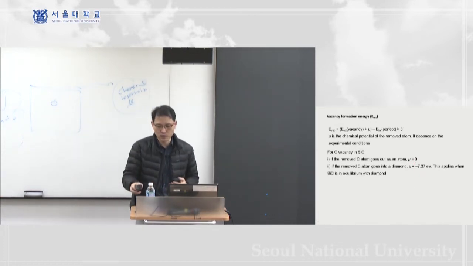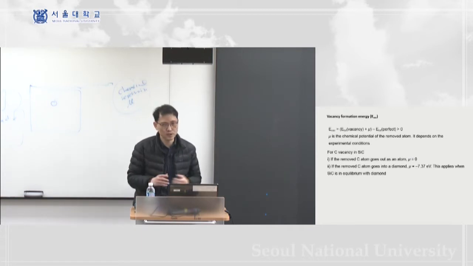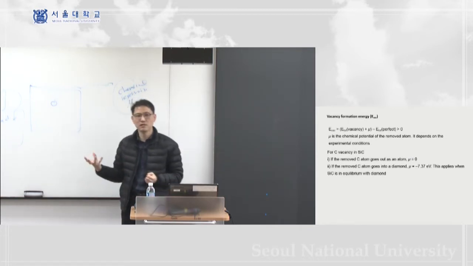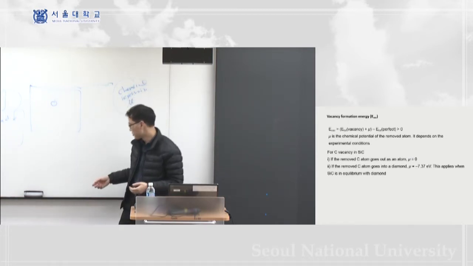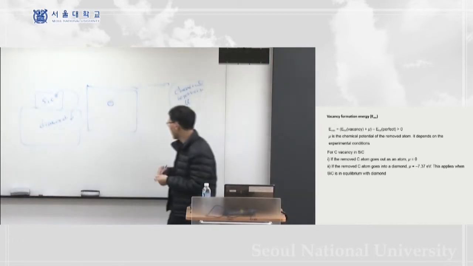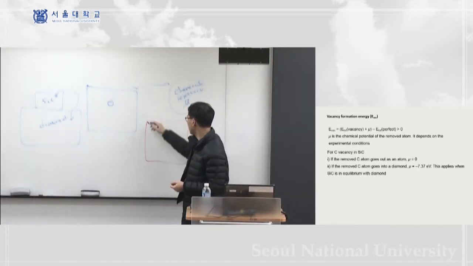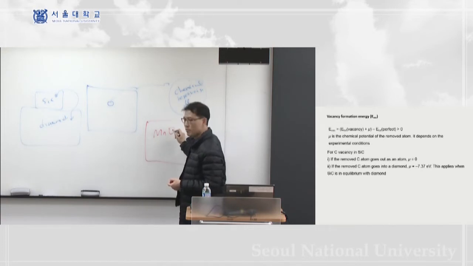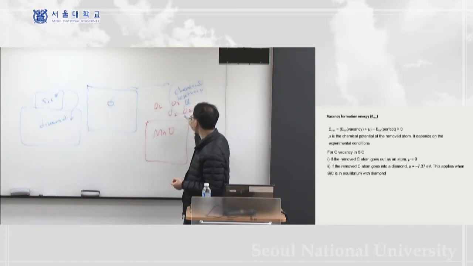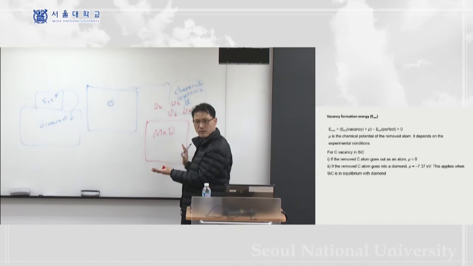And in many cases, we control this chemical potential using the pressure of the gas phase. For instance, if we are dealing with manganese oxide, then the oxygen chemical potential is actually controlled by the vapor pressure of the O2 gas that you have in your system, right?